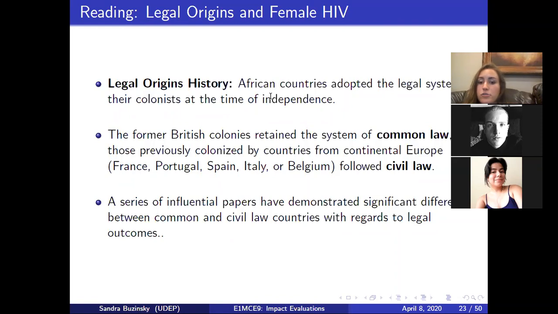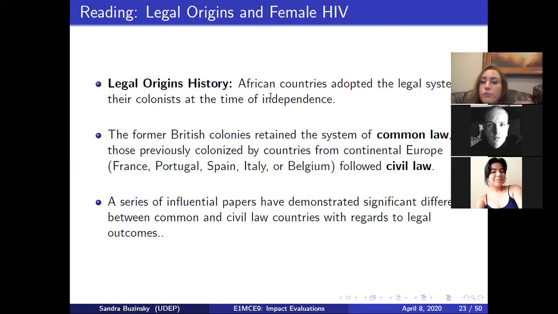So there's two types of law that the author is going to be using for this analysis. For the British colonies, they had a system called common law. And then other countries from other parts of Europe, such as France, Portugal, Spain, Italy, Belgium, they use civil law.